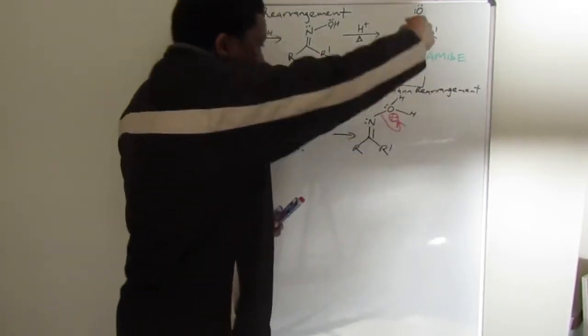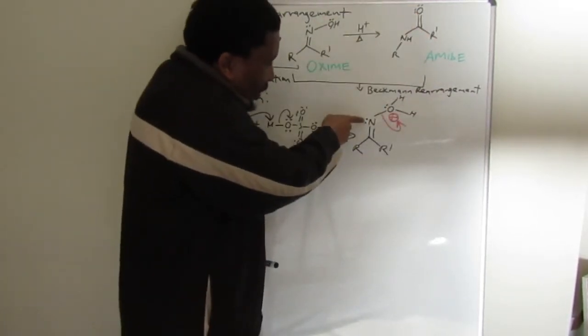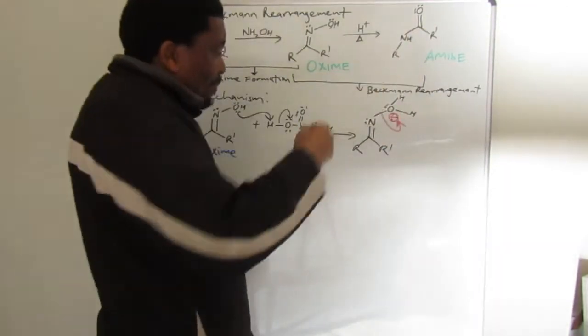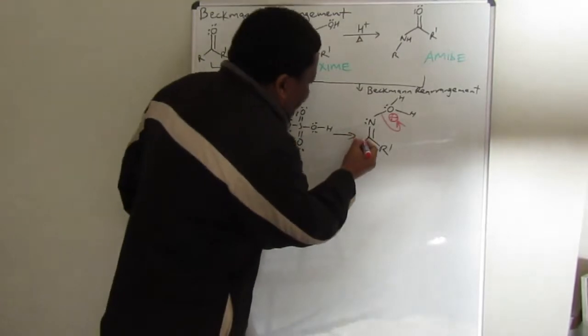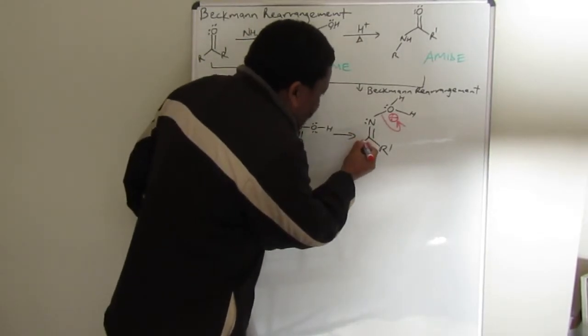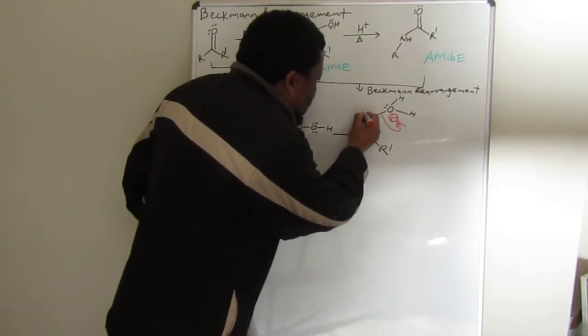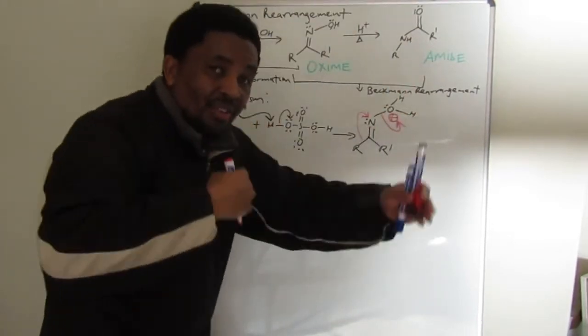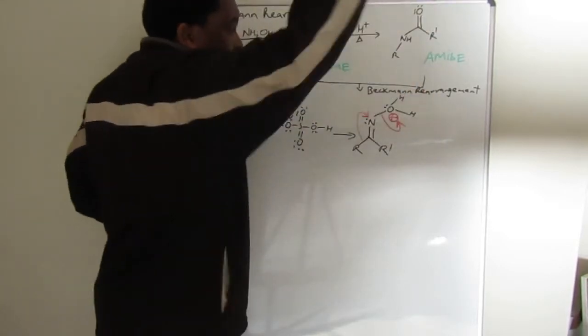As it leaves, it's going to make this nitrogen positive in charge. As soon as that bond begins to break, this alkyl group that is bonded to this carbon atom shifts position to this nitrogen, so that the nitrogen does not even feel that water has left.